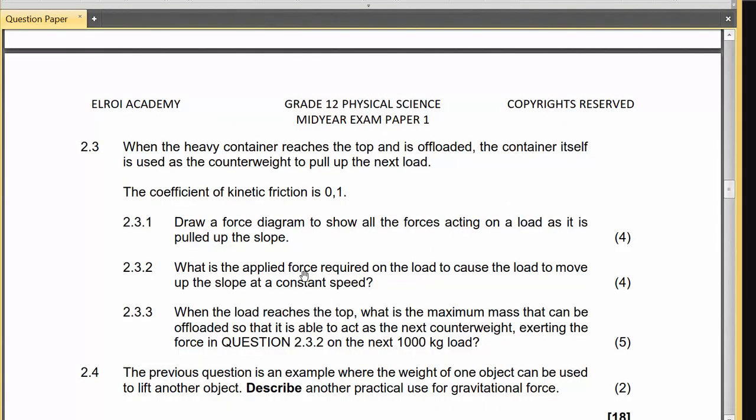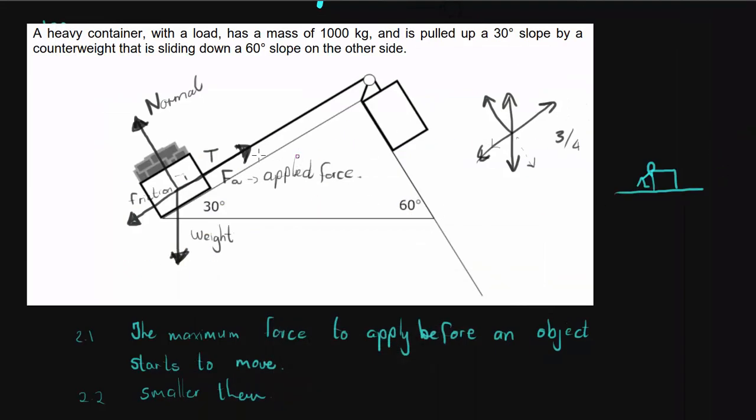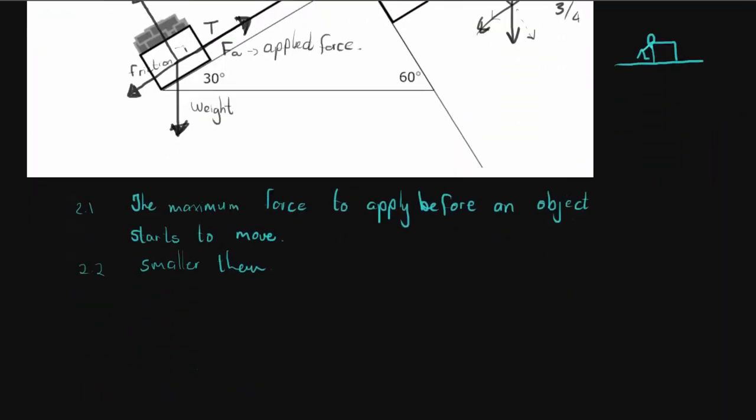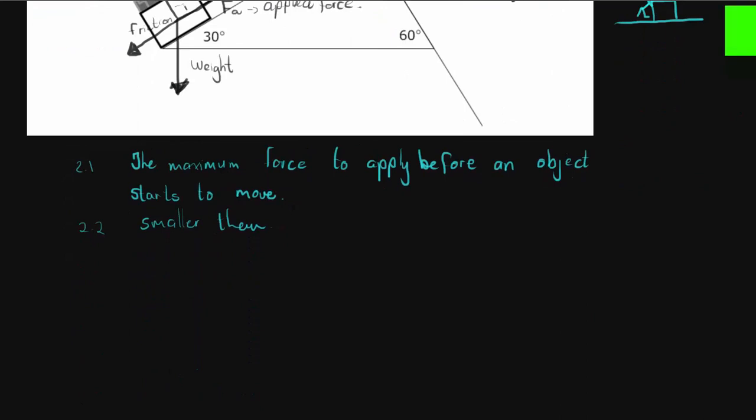Okay, what is the applied force required on the load to cause the load to move up the slope at a constant speed? So now I want to let this thing go up the slope at a constant velocity. For constant velocity, we need net force to equal 0, because net force is mass times acceleration.